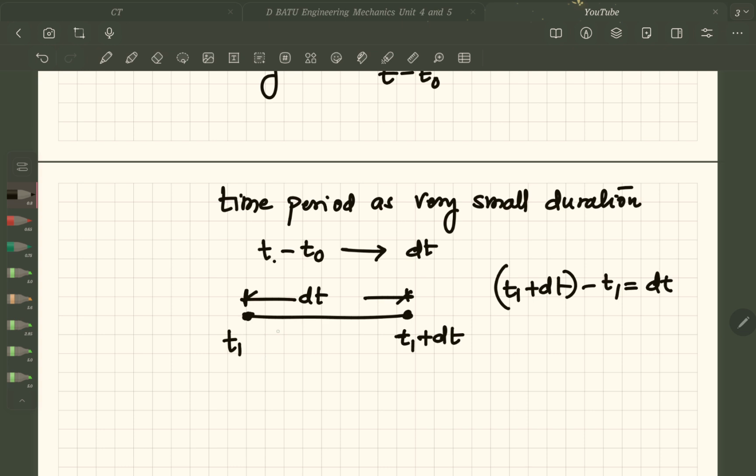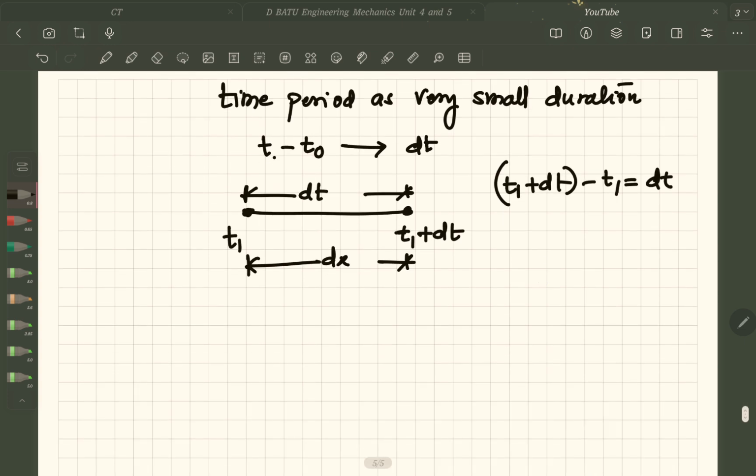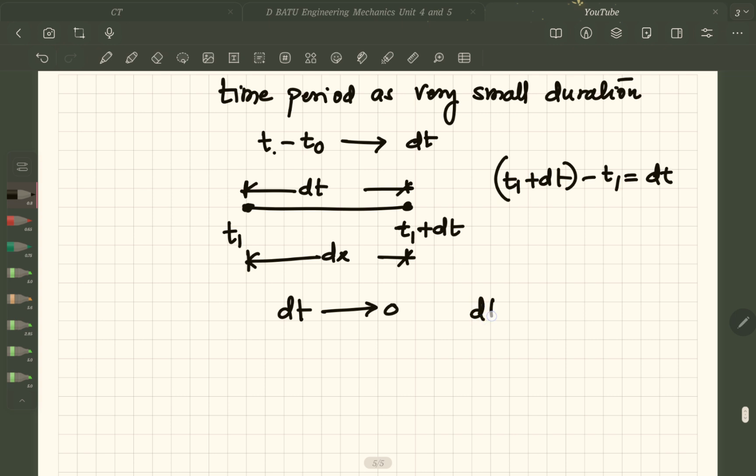The distance it covers is also very small, so I can consider this distance as dx. Remember that the dt I am considering is tending towards 0. It is not equal to 0, but it is going to be 0 because I am dividing it into a very, very small element.